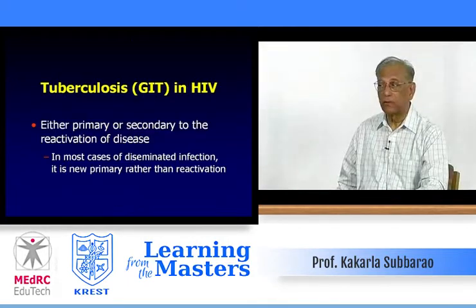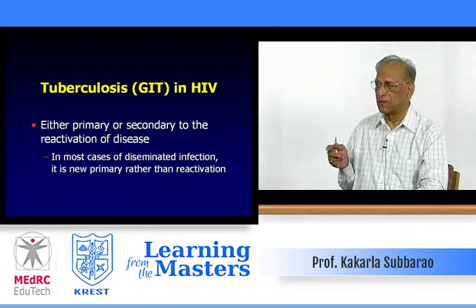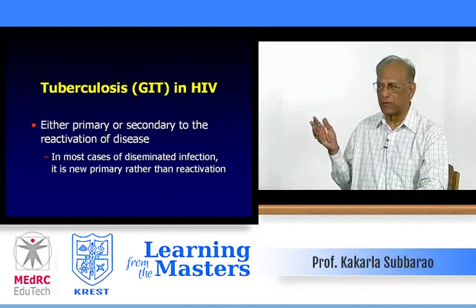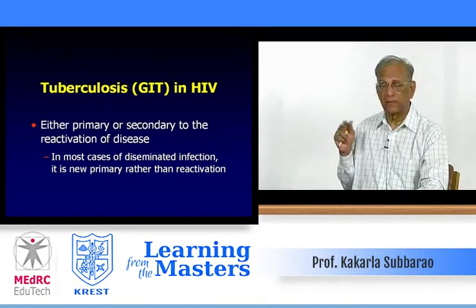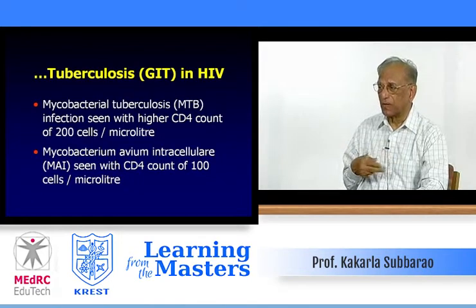In HIV, tuberculosis of the GI tract, how does it express? Either primary or secondary to the reactivation of disease. In most cases of disseminated infection, it is new primary rather than reactivation. Observe this. That's why in adults also you may get lymphadenopathy, hilar lymphadenopathy, paratracheal lymphadenopathy in the chest film.